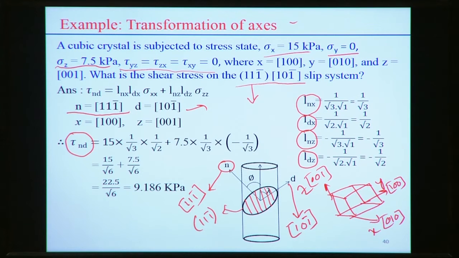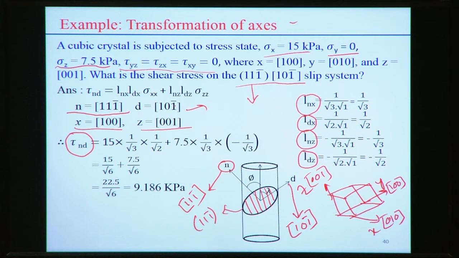So basically, we need the direction cosines between the axes N and X, N and Z, or between D and X, D and Z. It's straightforward, because we have defined N and D, and X is already defined as 1 0 0, and Z is defined as 0 0 1. So from this N, D, X and Z system, we can straightforwardly find the direction cosines.